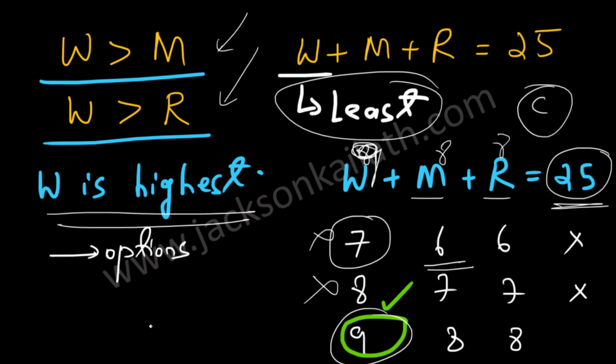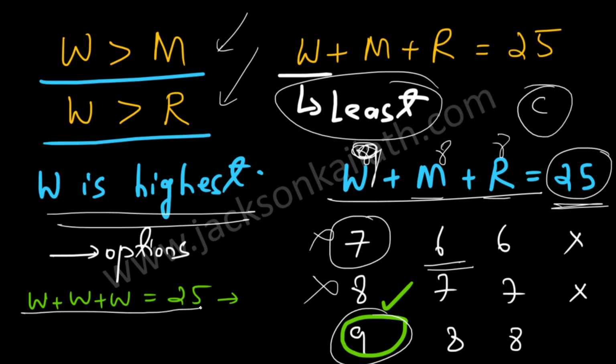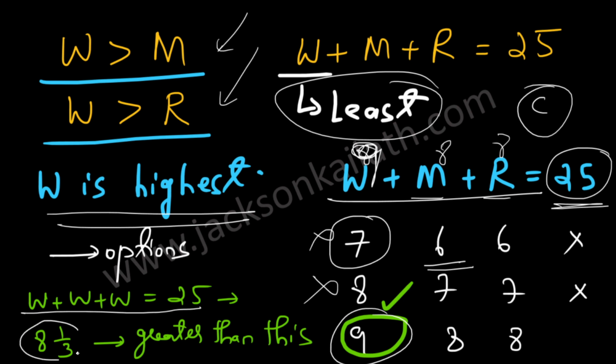Now, there's another interesting thing that you can notice here. If I put W for all these three, W plus W plus W is equal to 25, then the value for this to be true is that W has to be 8 1 by 3. So the answer has to be greater than this, because the minimum value of W is 8 1 by 3, and because it's a number of crates, it cannot have a partial value like 1 by 3.